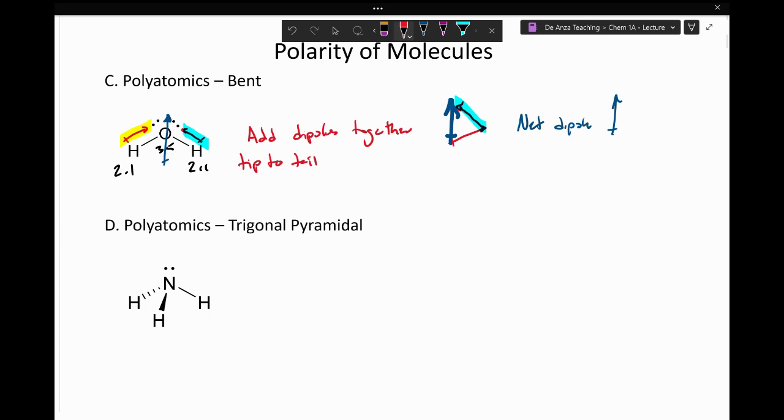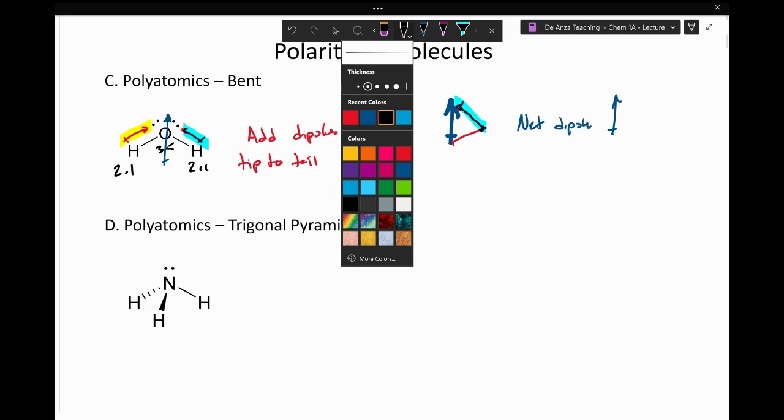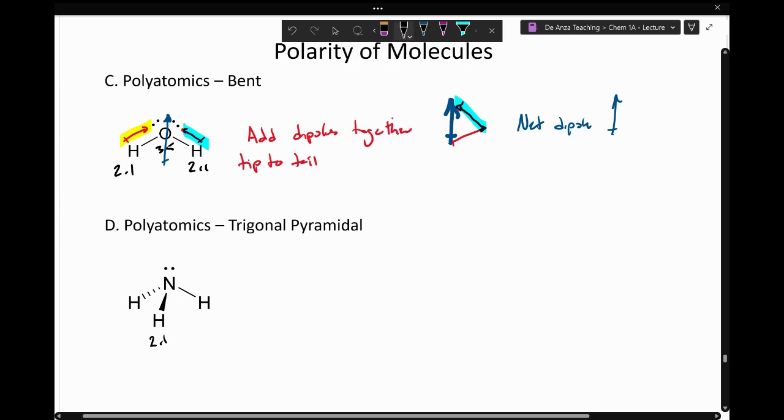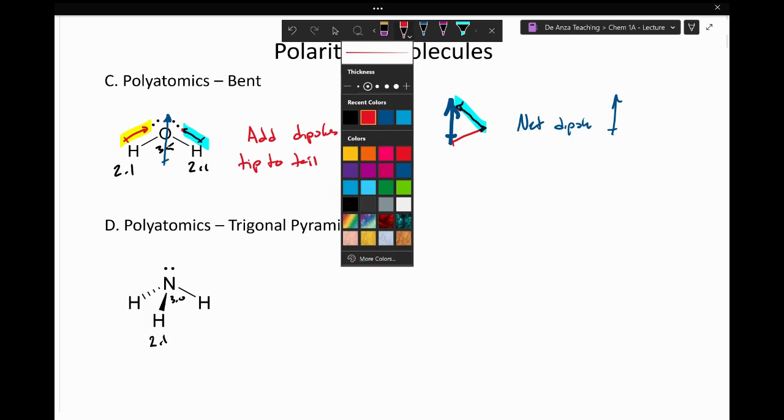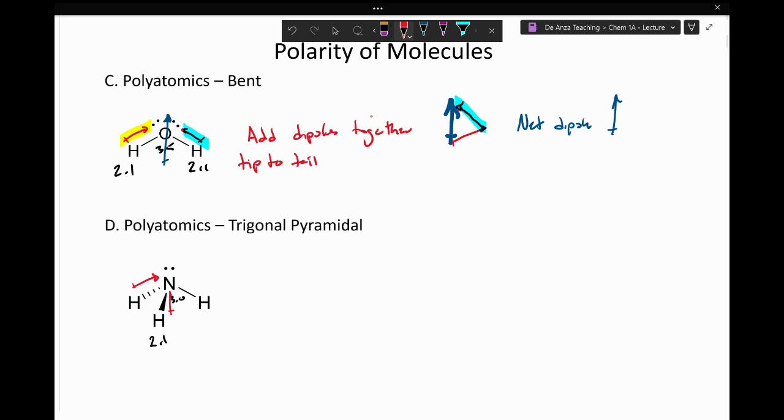We can write in each of their electronegativities. Hydrogen is 2.1, nitrogen is 3.0. We can draw in the bond dipoles like this. And in this case, it gets a little bit harder to do, but for what it's worth, the net dipole here is also pointing basically from the base of the molecule up to the nitrogen.